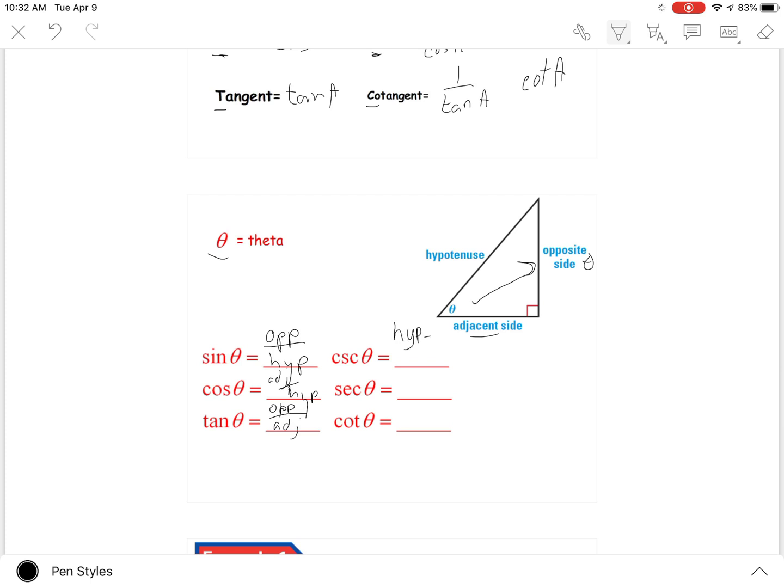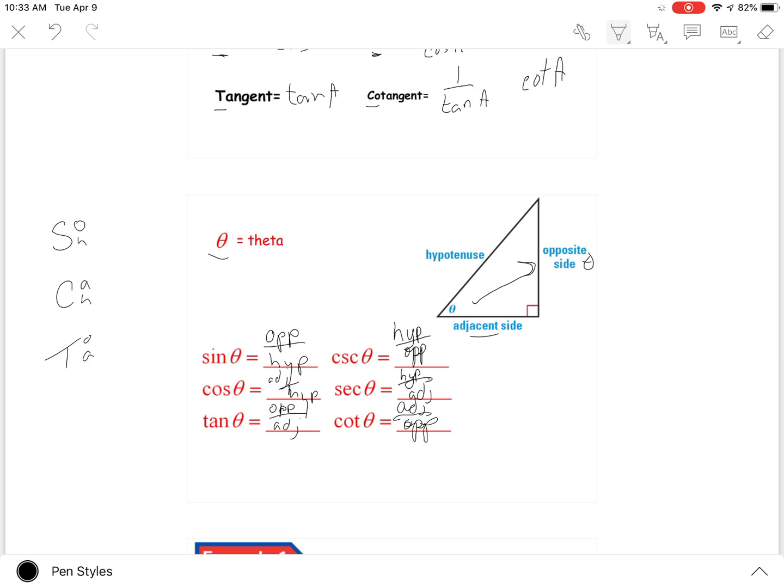So the hypotenuse over opposite, we've got hypotenuse over adjacent, and we've got cotangent of adjacent over opposite.